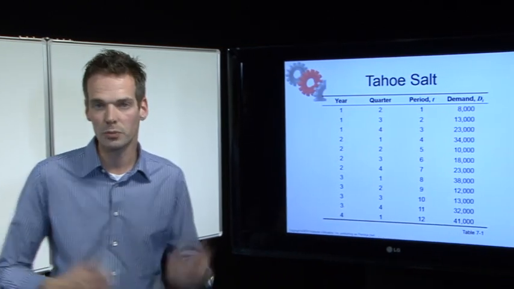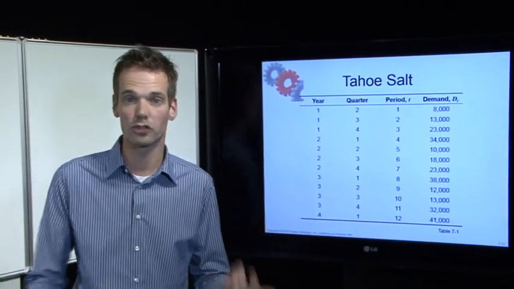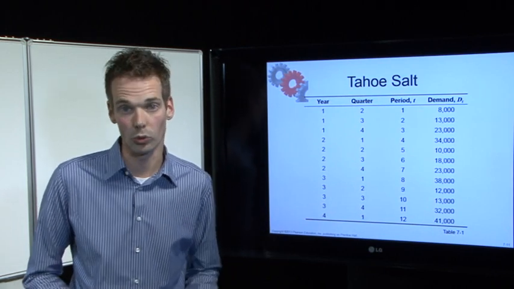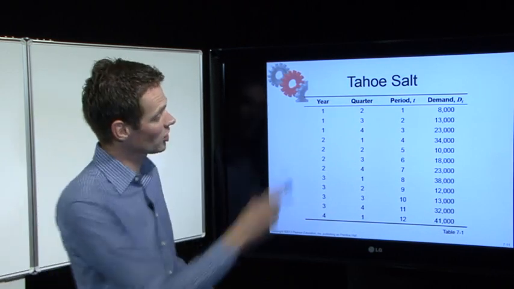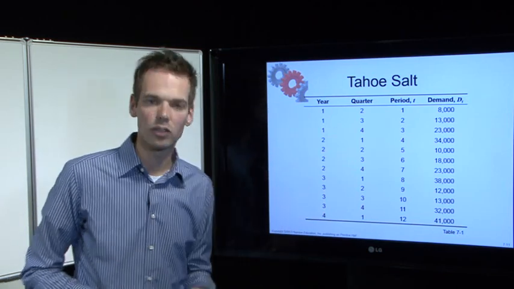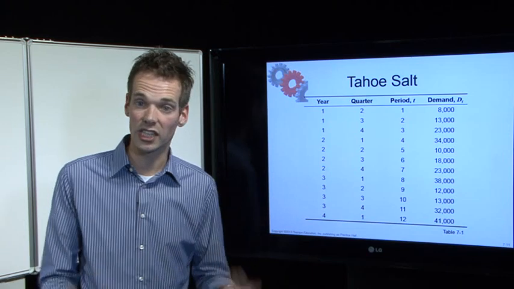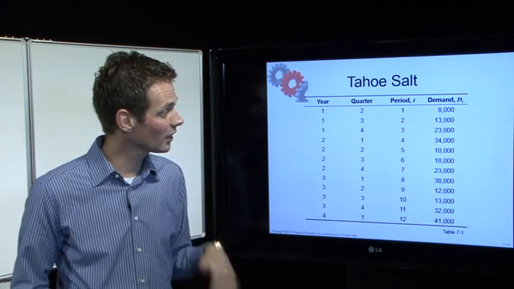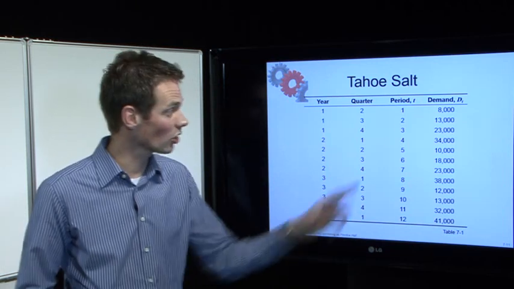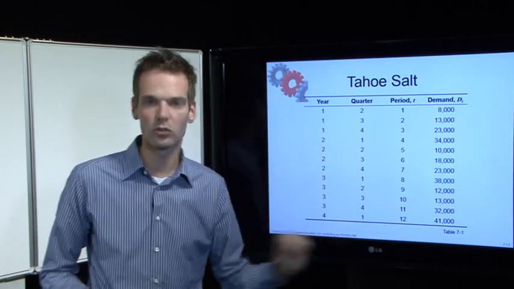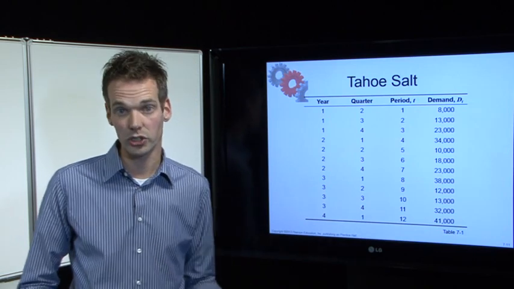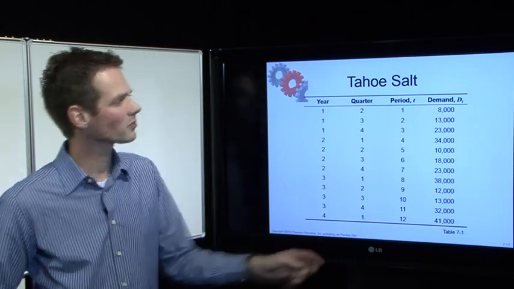In the book Supply Chain Management by Chopra, we use the example of Tahoe Salt. Tahoe Salt has years 1 to 4 and 4 quarters in each year. In this case, the time series runs from 1 to 12. Please note that the first quarter of the first year is non-existent.